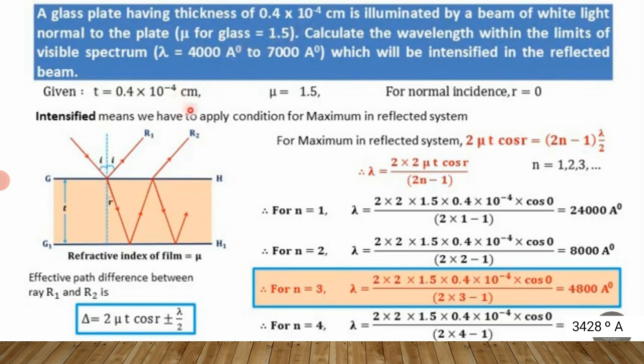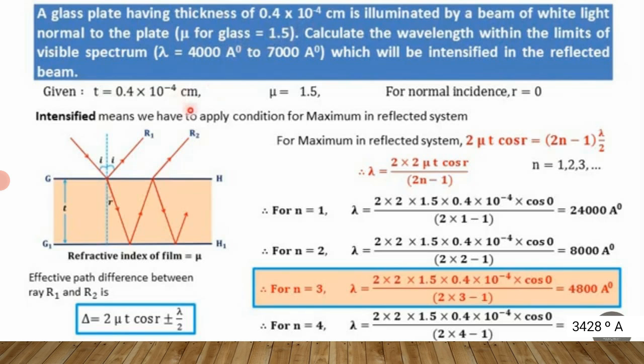For n equal to 1, 2 into 2 into 1.5 into t 0.4 into 10 raised to minus 4 into cos of 0 upon (2 into 1 minus 1), which is equal to 24,000 angstrom.